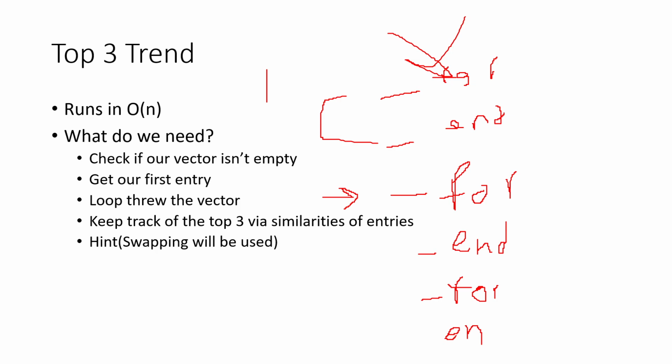Okay, it's a new idea that came up. It might be cool, but I'm not sure. You're still gonna implement 3 for loops, but the code looks clean. Let's say I call top trends, keep track of whatever it returns to me, because you're passing in a copy of that vector you created.